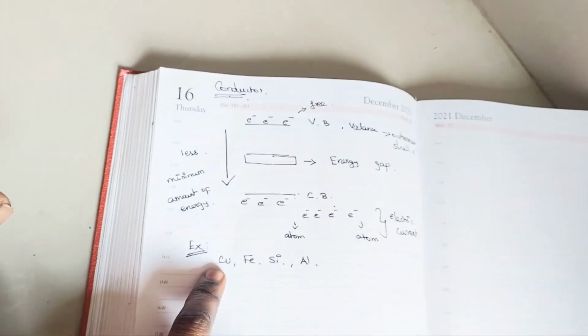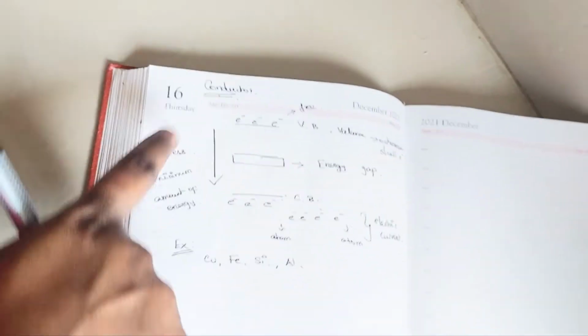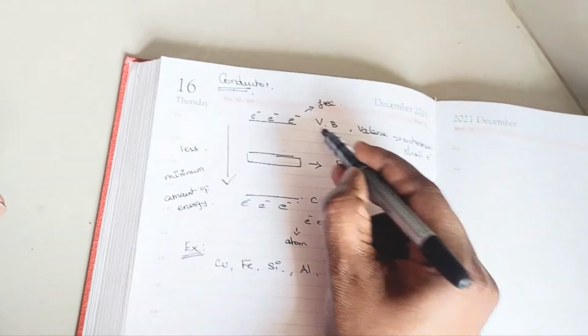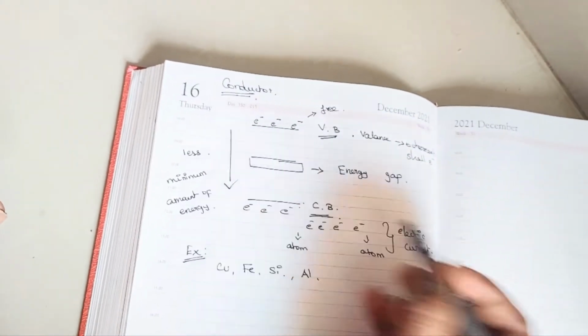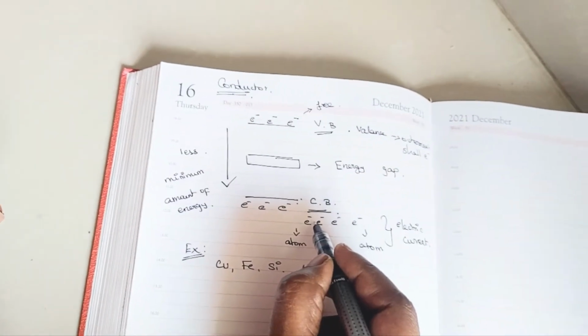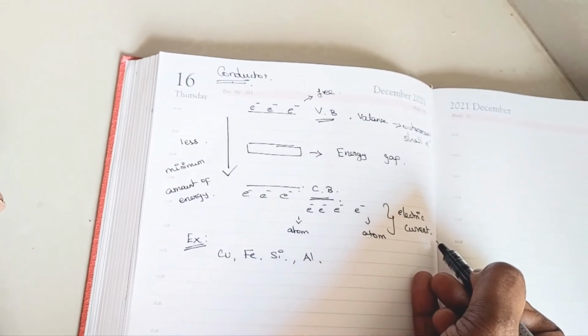The reason is that copper requires a small amount of energy to move electrons from the valence band to the conduction band. So our work is easy, because the gap is very, very small. Once it reaches the conduction band, the electron starts to move, so electric current is produced.